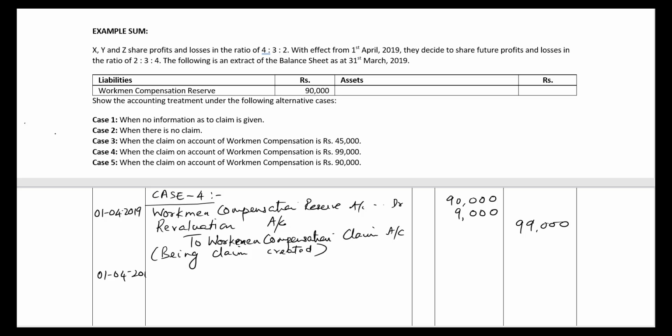Same date, 1st April 2019, X capital account debit, Y capital account debit, Z capital account debit, to revaluation account.